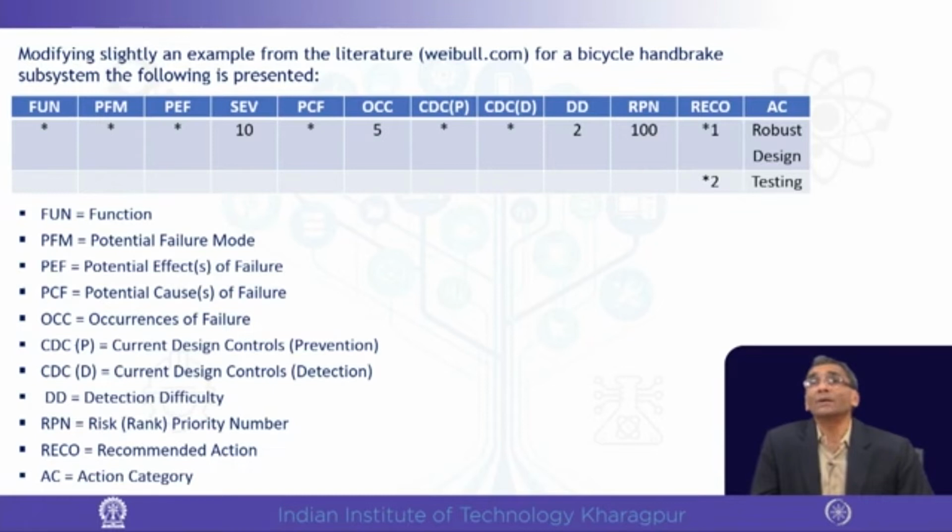So, recommendation 1 is robust design in the action category. Something else is also recommended as asterisk 2, that is in the testing category, for the problem undertaken, a bicycle handbrake subsystem design.